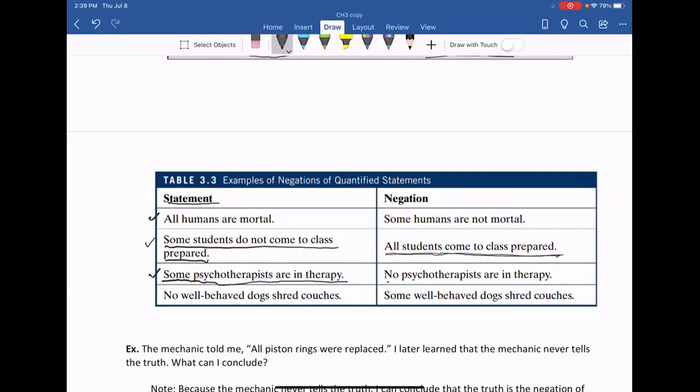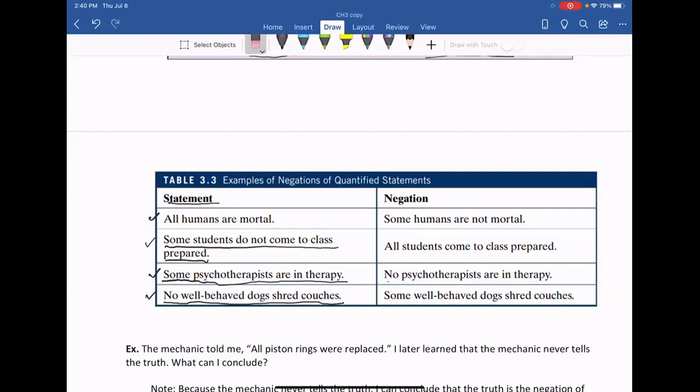The negation is no psychotherapists are in therapy. Next one, no well-behaved dogs shred couches. The negation is some well-behaved dogs shred couches.